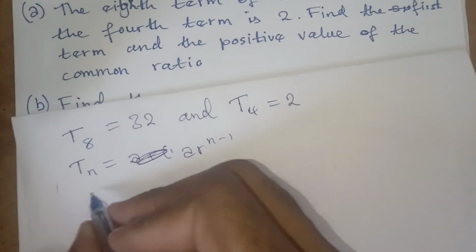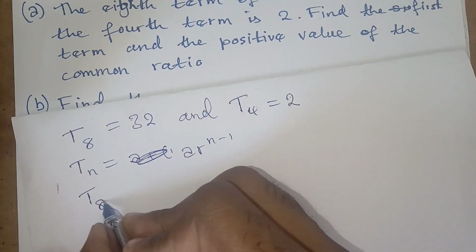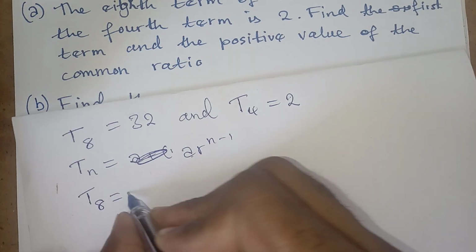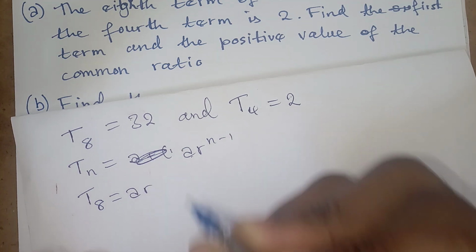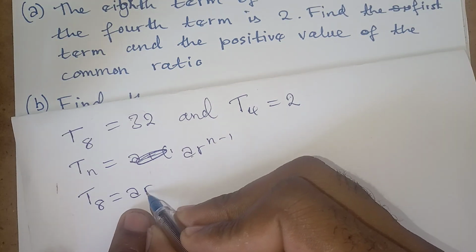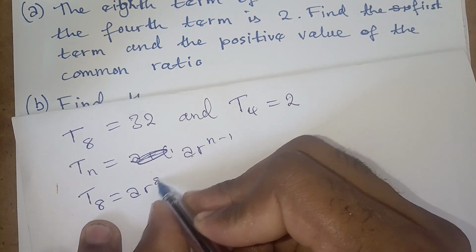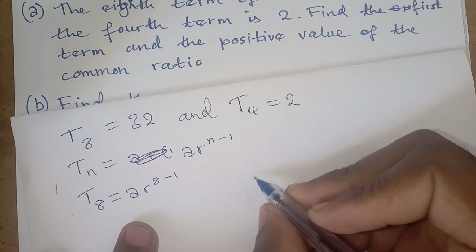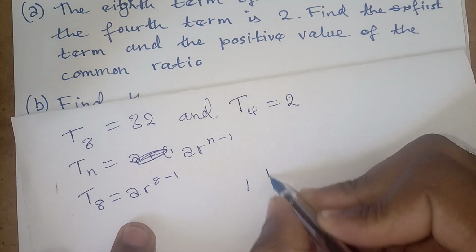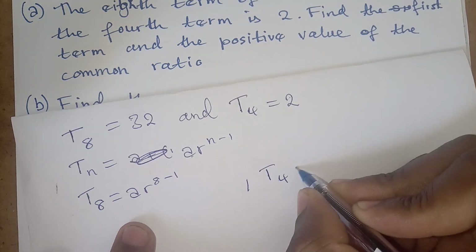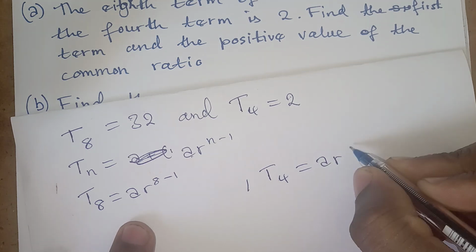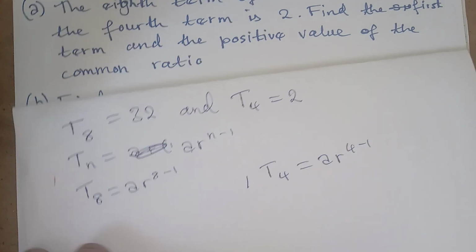So you can simply say the eighth term is given by A is unknown, r is unknown too, so you can put an 8 where you have an n, and then you do the same thing here. So the fourth term will be a r, then 4 minus 1.